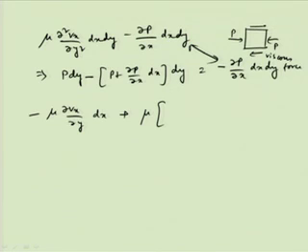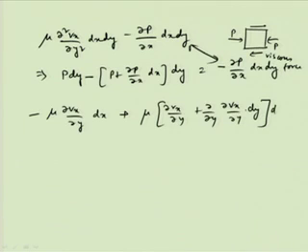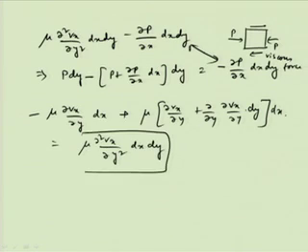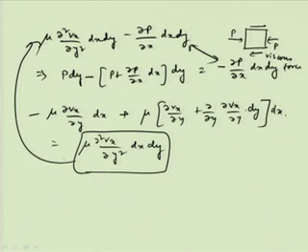So, we are writing mu into del Vx by del y plus del y of del Vx by del y into dy and into dx. So, this part is finally giving mu into del square Vx by del y square into dx into dy. So, this term is nothing but the term that we are getting.